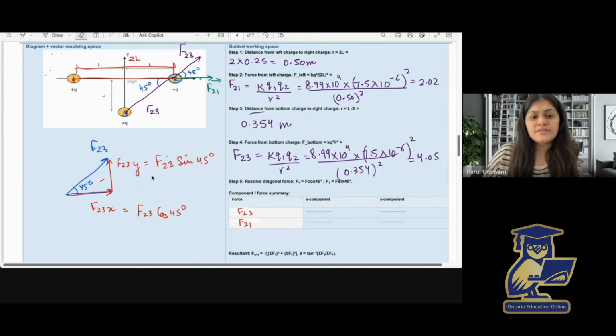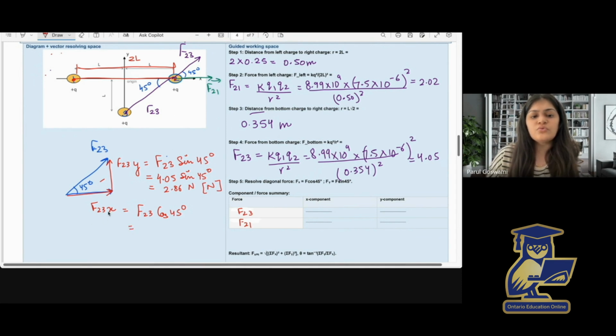Now let's determine the values of the y component and the x component. F23 we have already calculated. It came out to be 4.05. So it would be 4.05 sine 45 degrees. If you calculate this using the calculator, we will get 2.86. So the y component is 2.86 Newton, and as you can see, it is acting towards the north direction.